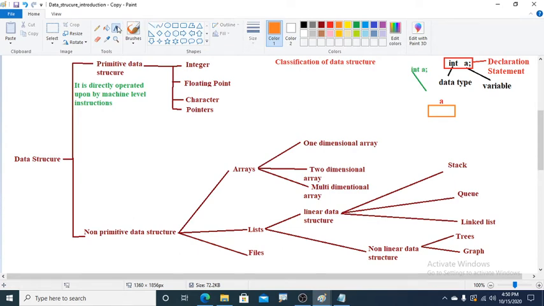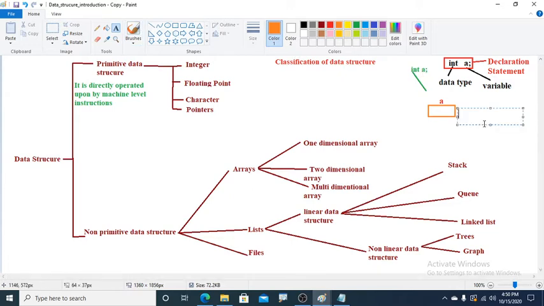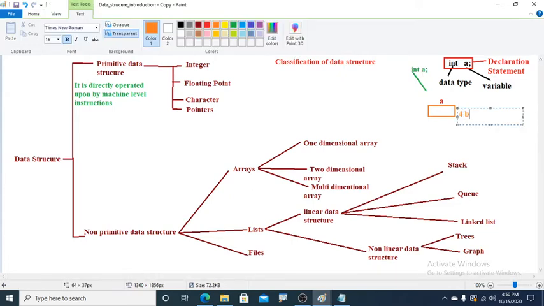Generally, short int is 2 bytes of memory and int is 4 bytes of memory, as we learned in previous classes. So for a, 4 bytes of memory are allocated.